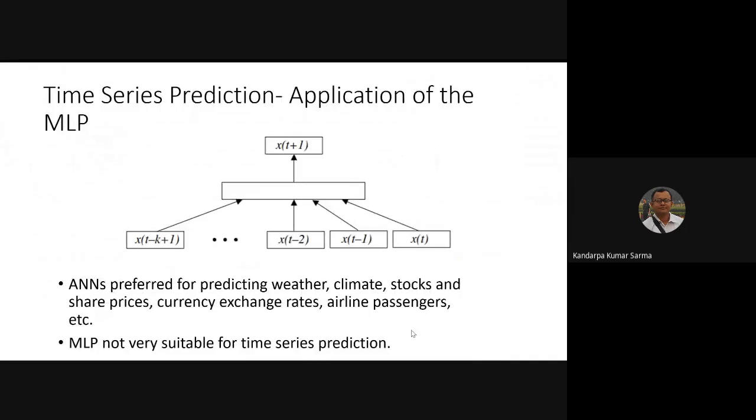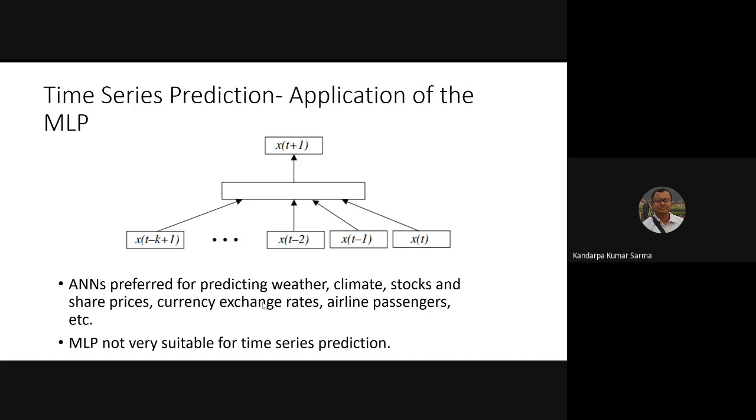One more thing, you can use the multi-layer perceptron for time series prediction. You can find similar prediction problems in weather, climate, stock market, share prices, currency rates, passenger surge prediction, and so on.